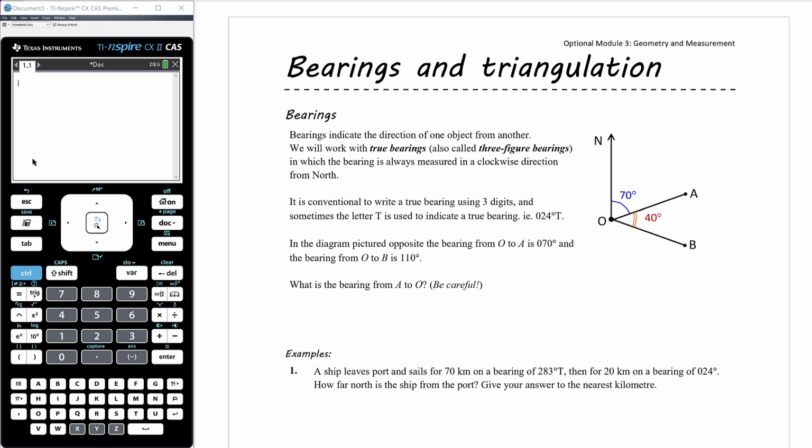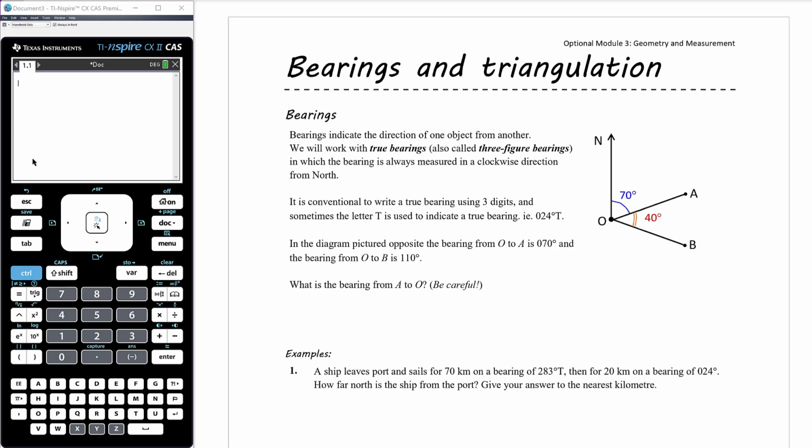So bearings indicate the direction of one object from another. Okay, and we will work with true bearings, which are also called three-figure bearings. And when we have a true bearing, we always measure the bearing relative to north.